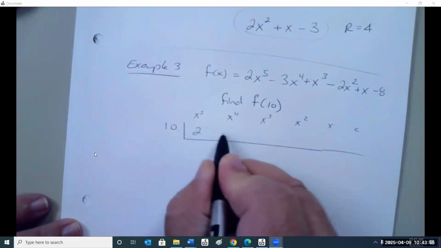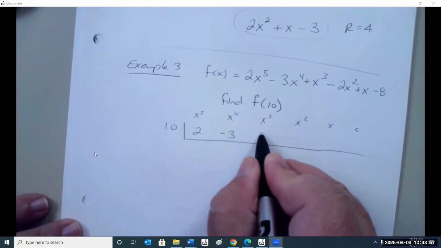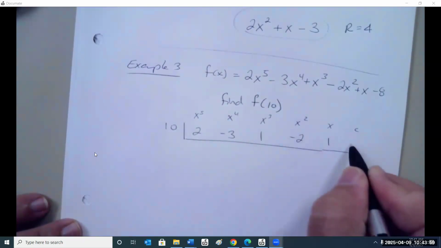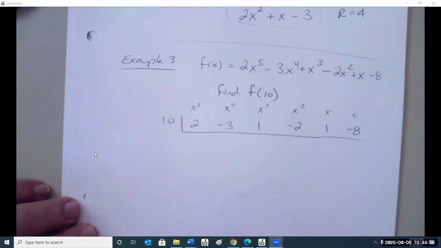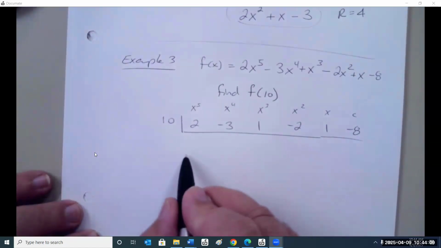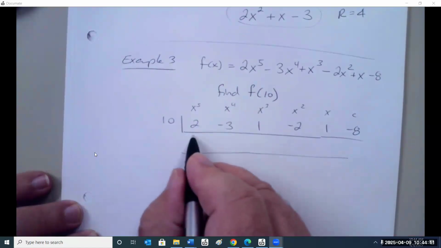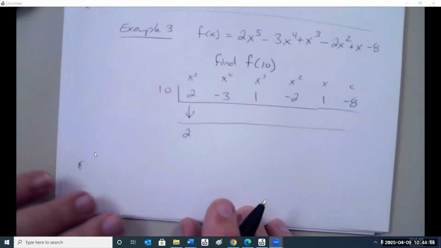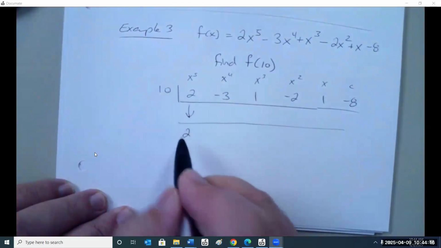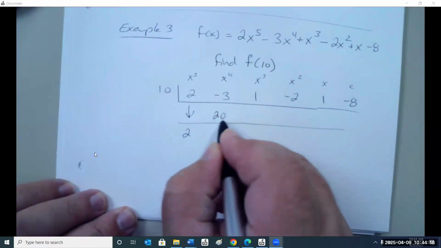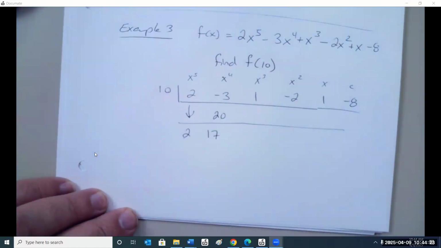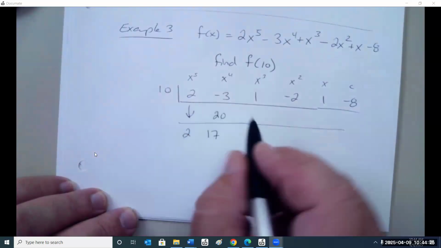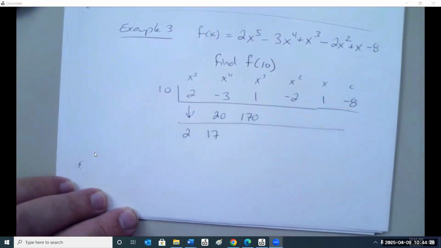So we have 2, negative 3, 1, negative 2, 1, negative 8. Bring down the first term. 10 times 2 is 20 minus 3, 17. 17 times 10 is 170.